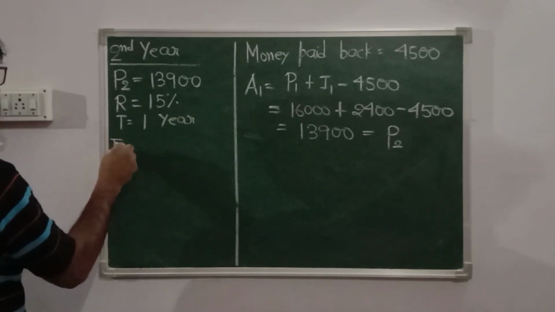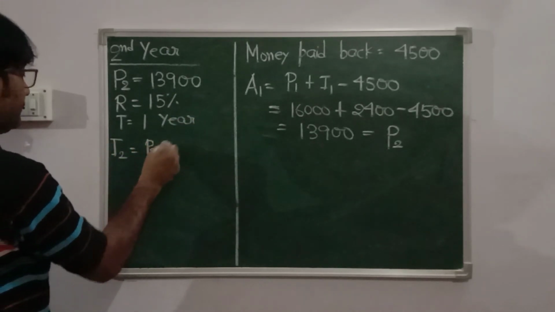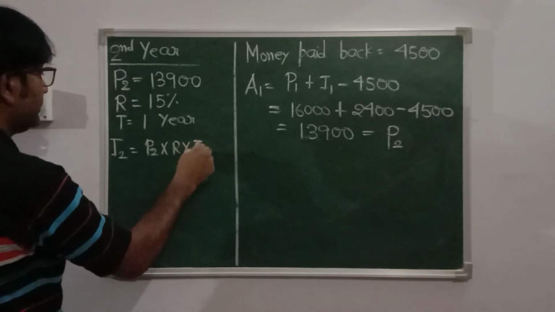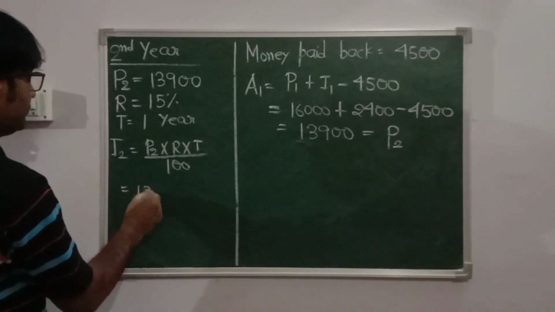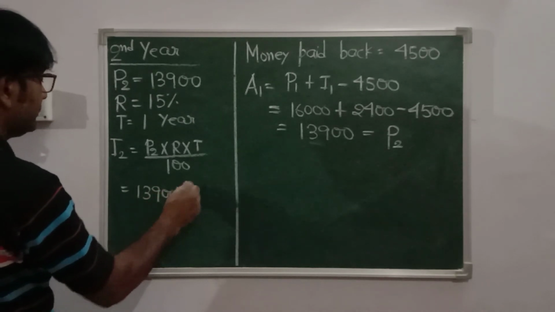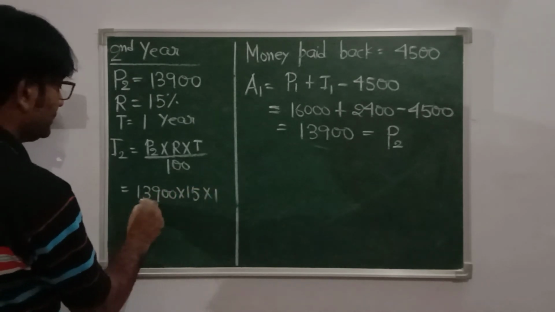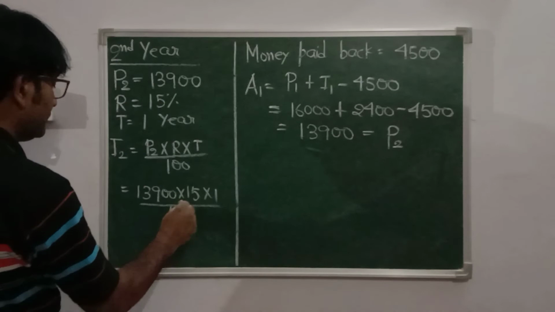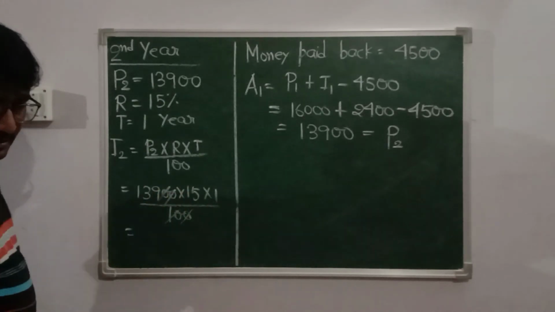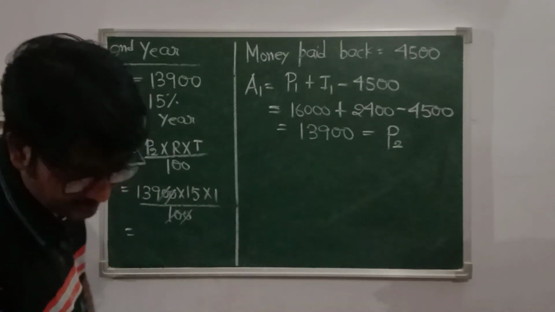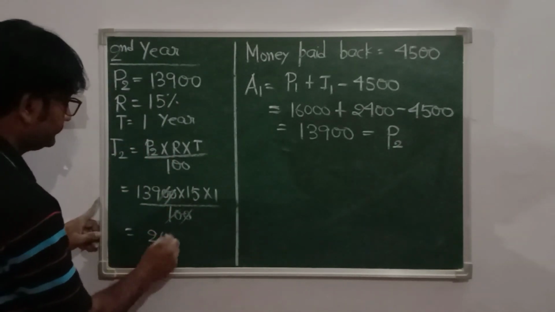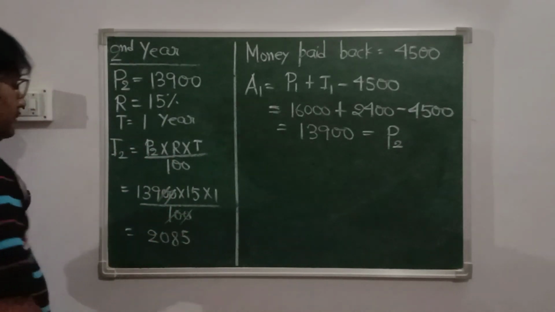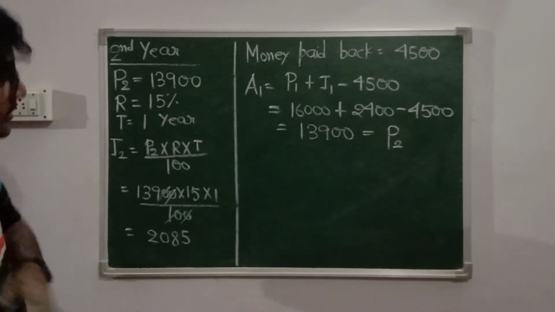So I2 is P2 into R into T by 100. That is 13900 into 15 into 1 by 100. So interest I2 is coming to 2085.